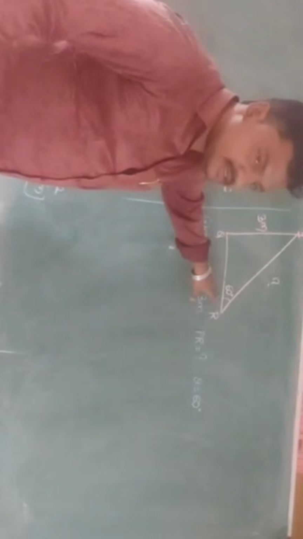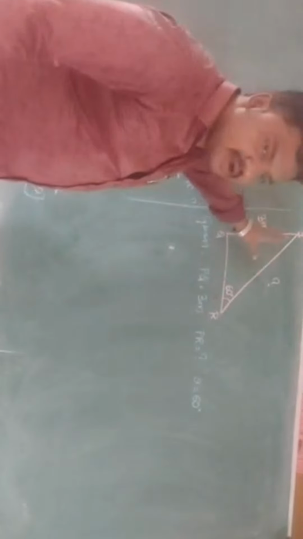So here also the same angle is formed at R. So this side is the opposite and this side is the hypotenuse. So again I am taking the same function sine. Sine theta is equal to opposite PQ upon hypotenuse PR. So sine of 60 degree is equal to PQ is 3 and PR don't know, write as it is.